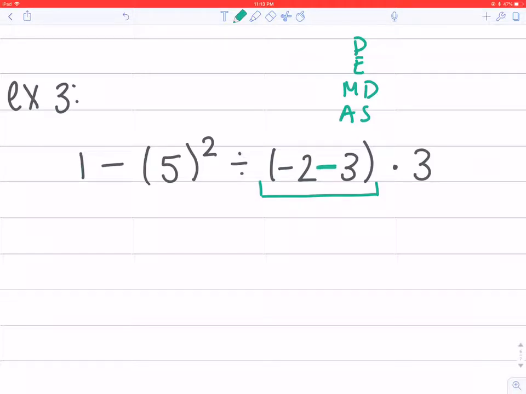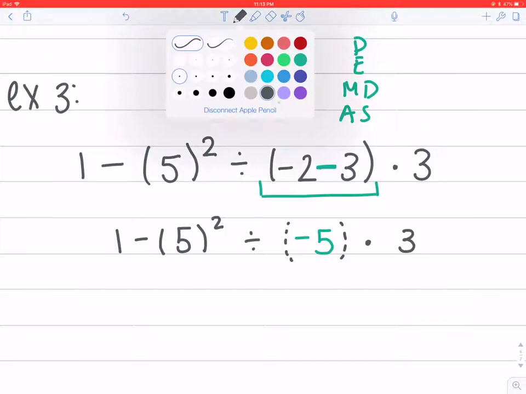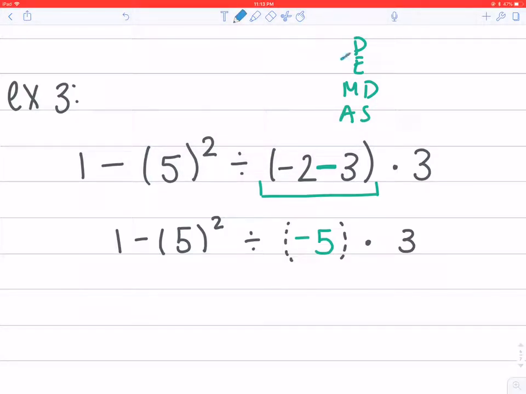So I have -2 minus 3 is going to give me -5. Carry everything down. Now I may want to keep this thing in parentheses, and again, that's just going to remind me it's negative 5, not subtraction 5. Okay, so I've done all the parentheses that are grouping.